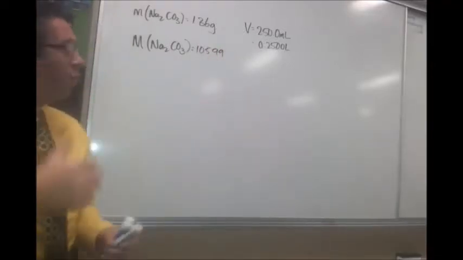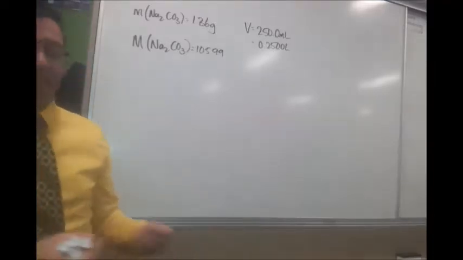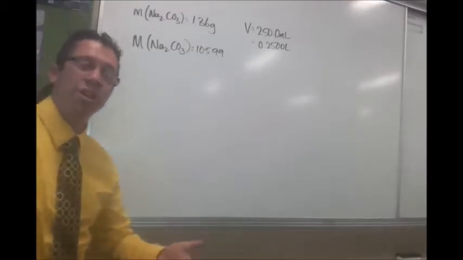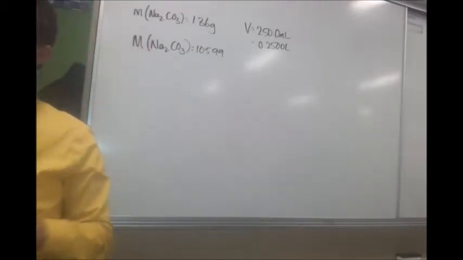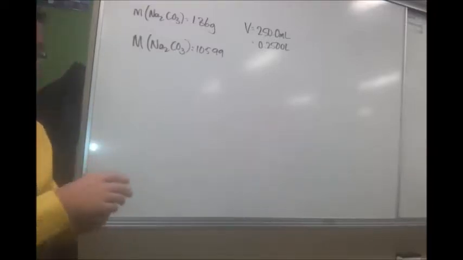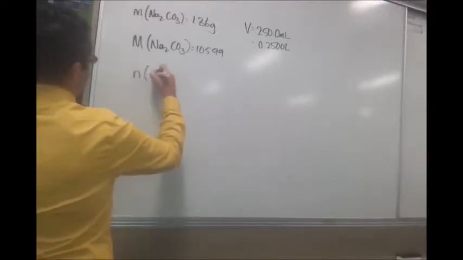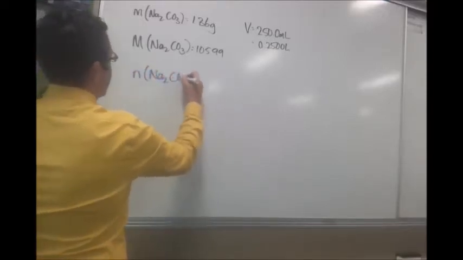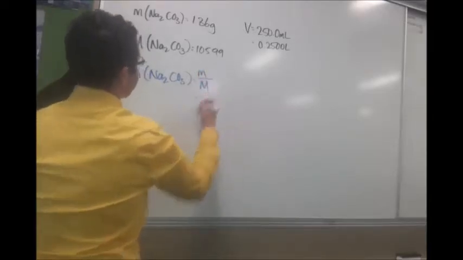So before we started with using the NCV triangle, then we used the NNM triangle. This time we're going in reverse. So we're going to use the NNM triangle to find out our amount of sodium carbonate in there. So we go n equals little n over big M.